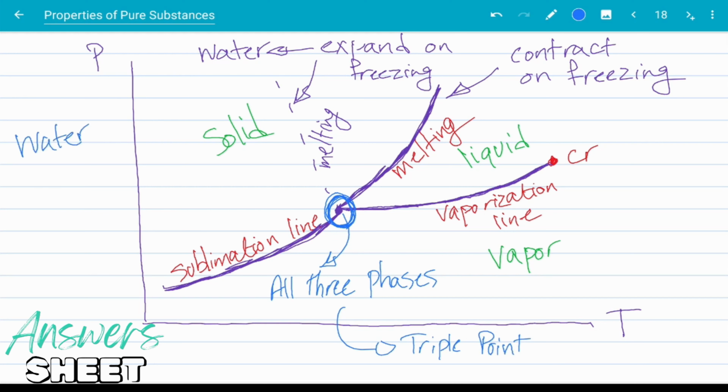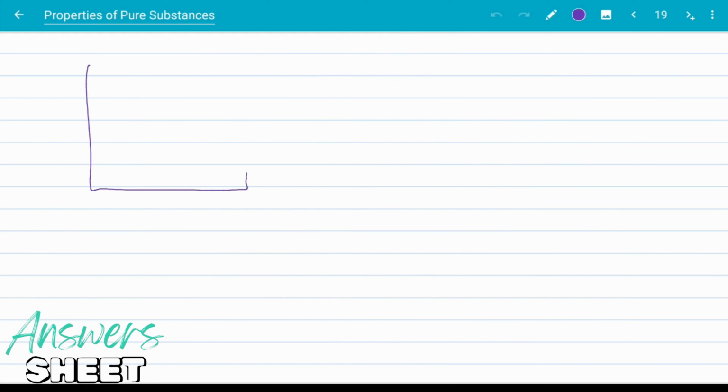Now, for water, triple point is achieved at 0.6117 kilopascals and temperature of 0.01 degrees Celsius. Now, what I mean by having all three phases, let me give you an example.